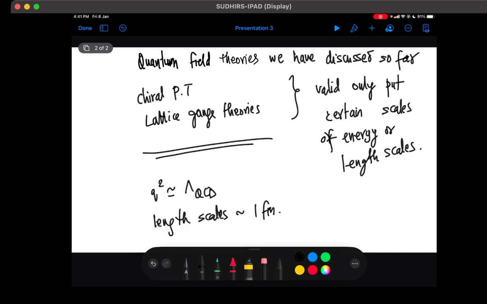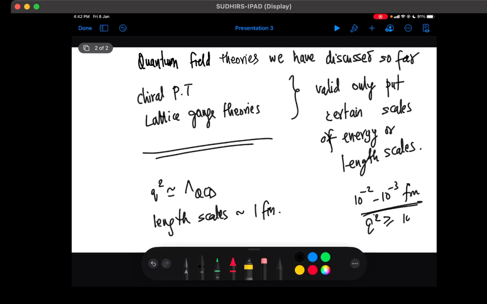You don't really go into 10 power 2, 10 power 3 times the Fermi, and you are not going to energy scales like Q square equal to hundreds of GeV square or more. These energy scales are not covered in this case. So these are field theories which are only valid up to certain scales.